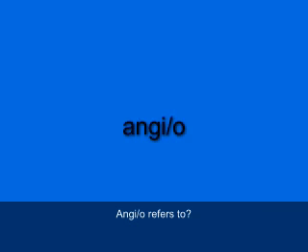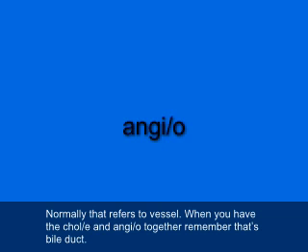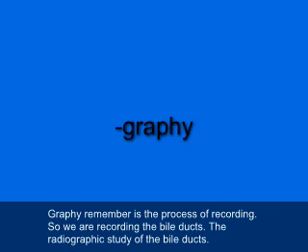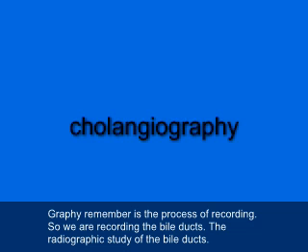Angio normally refers to vessel. When you have the chole and angio together, chole-angio, remember that's bile duct. And then finally you have graphy. What does graphy mean? Well, graphy, remember, is the process of recording. So we're recording the bile ducts, a radiographic study of the bile ducts.